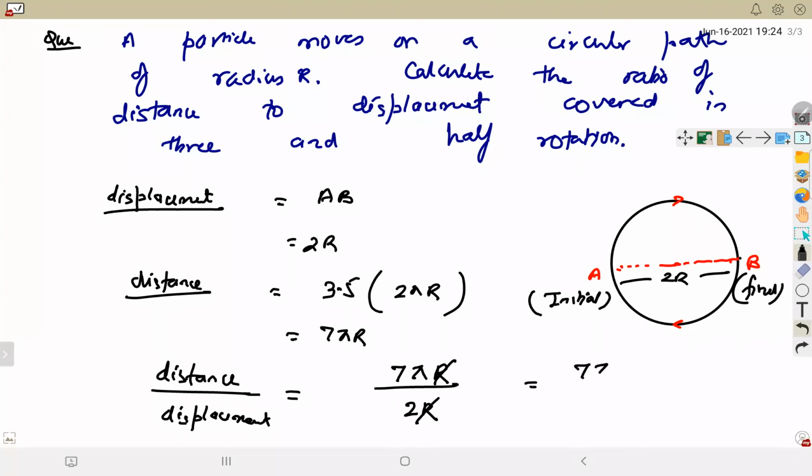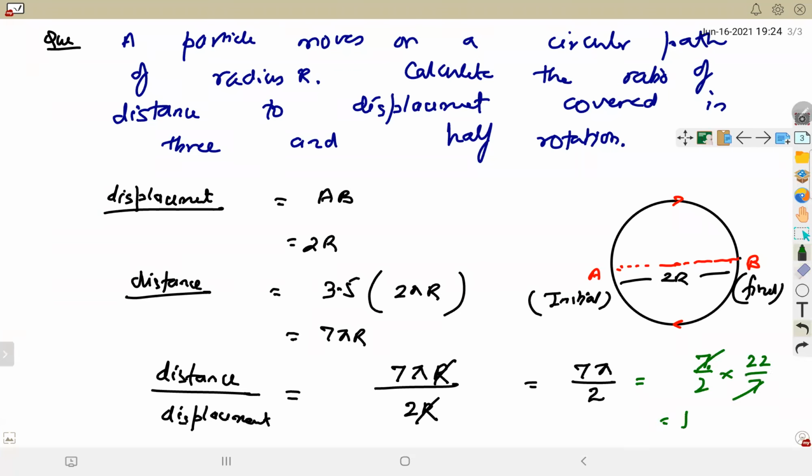I said 7 pi by 2. Achha, you said 7 pi by 2. Okay, but this was not in the option, by the way. What is the value of pi? Solve it further. 22 by 7, yes. So the answer was 11 actually. When you put pi as 22 by 7, it will become 7 by 2 into 22 by 7.